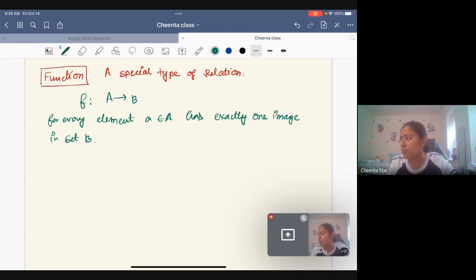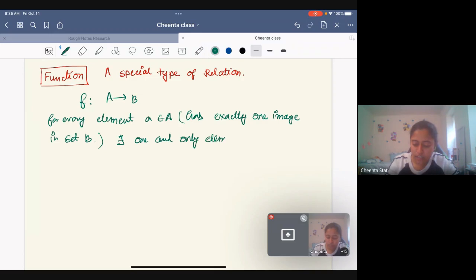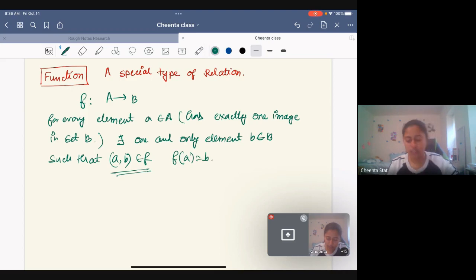Okay. So the mathematical definition is, for every element in set A, there exists one and only one element B in set B such that (A, B) belongs to F, or such that F of A equals B.